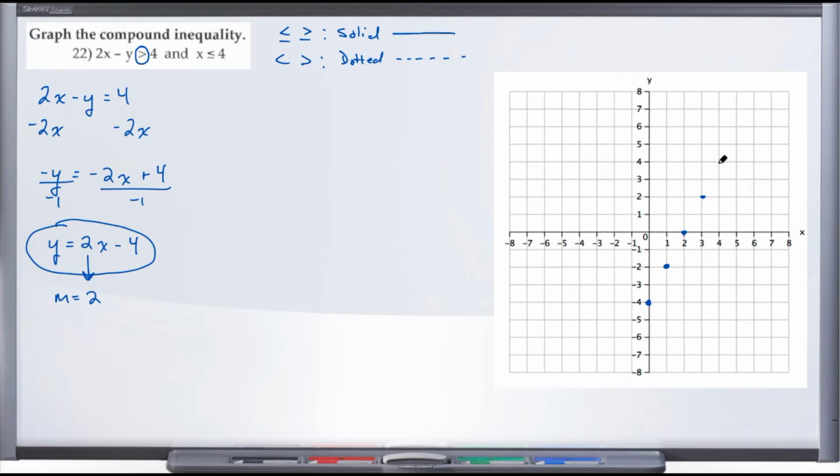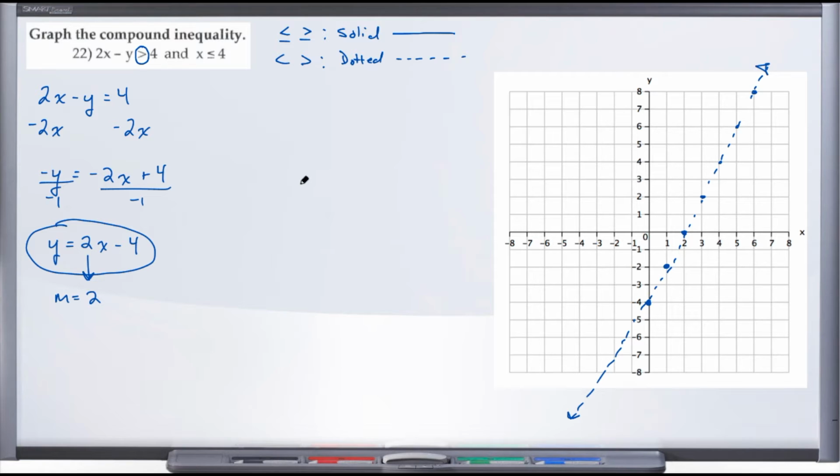Again, you can do this an infinite number of times, as many times as you want, but we really only need 2 points in order to graph a line. Now that we have several points on this line, let's graph it. We said we're going to use a dotted line to graph this particular inequality. Perfect, or close to it, right?